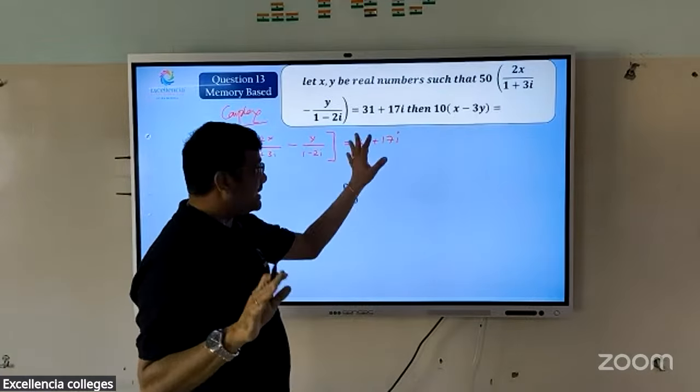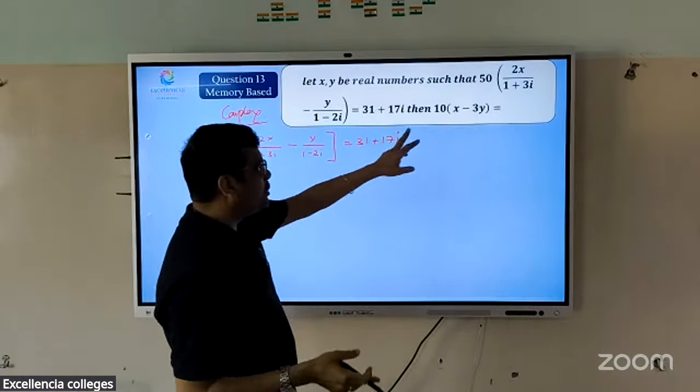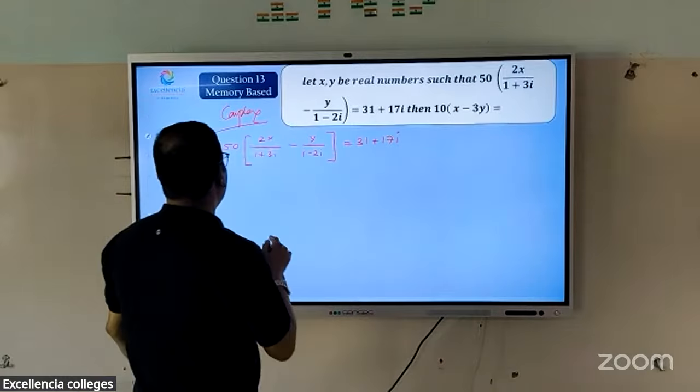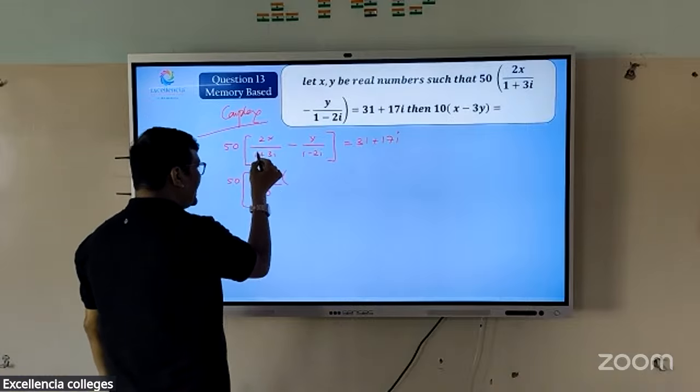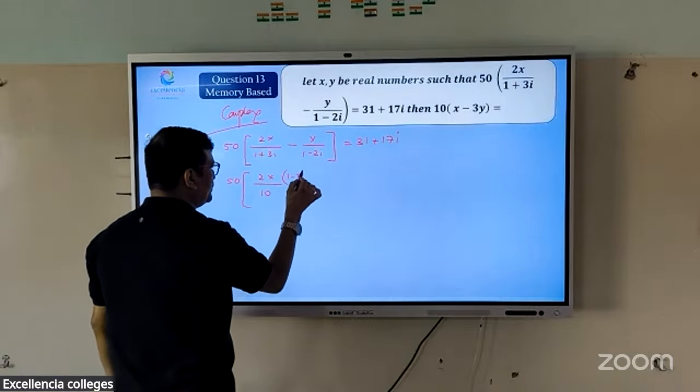If the calculation is fine, you won't solve it. This is 50 multiplied by 2x by (1 plus 3i). Take 10 common, upstairs 1 minus 3i will come.